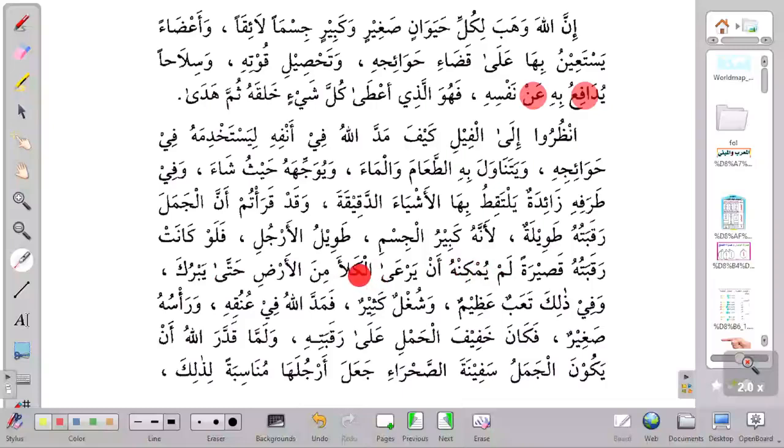Kela is actual grass. مِنَ الْأَرْضِ, from the earth, حَتَّى يَبْرُكَ, until it kneels down. So if the camel had a short neck, it wouldn't have been able to stand and feed until it knelt down. So if it had a short neck and wanted to feed, it would have to kneel down.